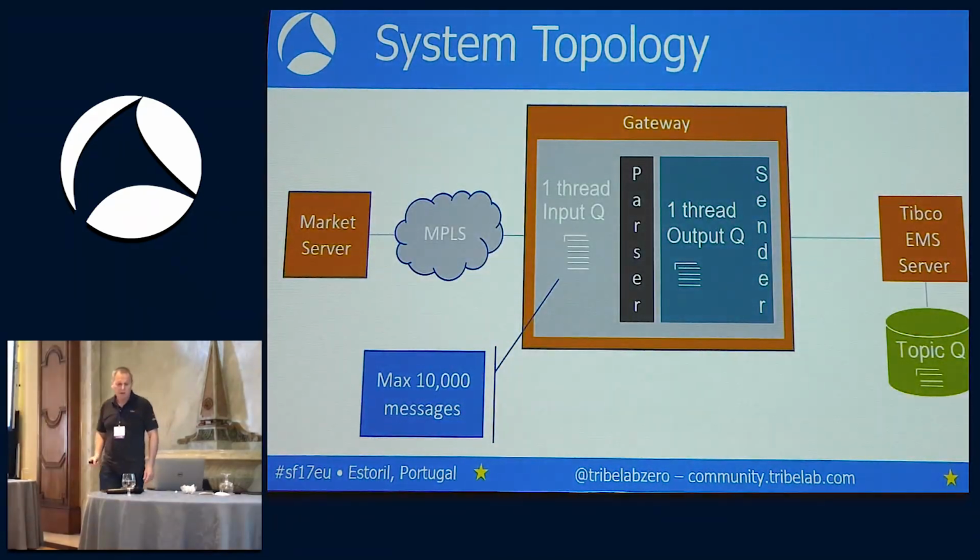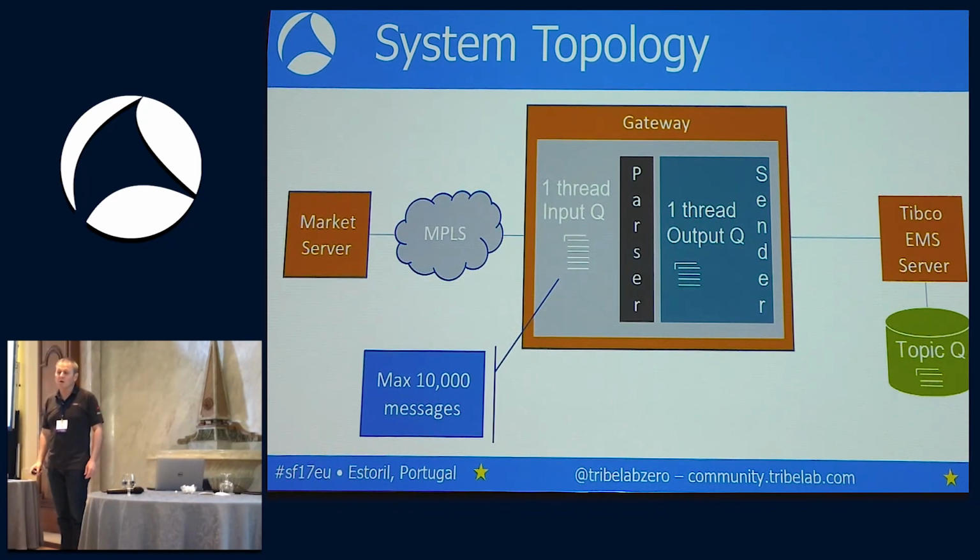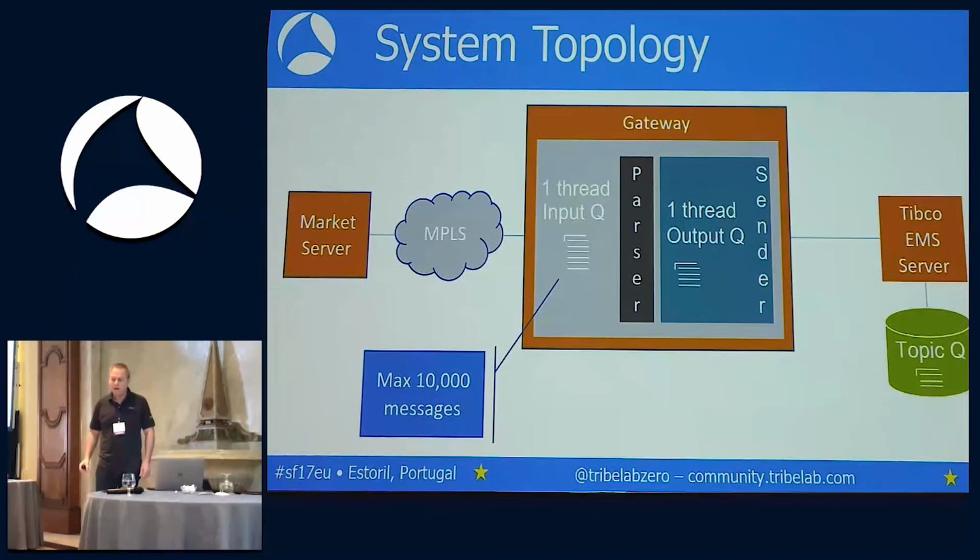The reason they were being delayed is because the input queue had an absolute maximum length of 10,000 messages. It was hitting the top of the message queue and then stalling, receiving no more, but there was loads of stuff queued up inside the gateway waiting to be published.